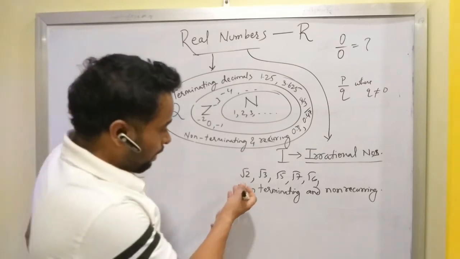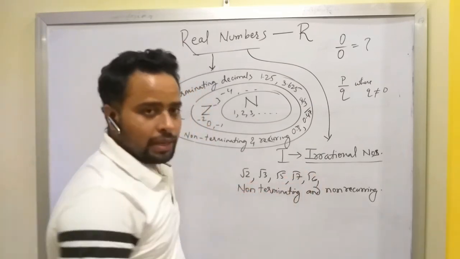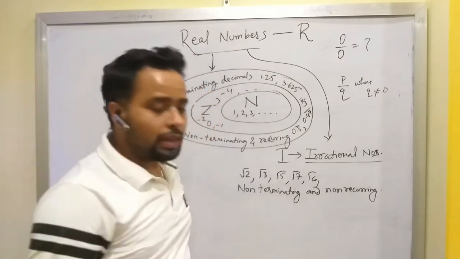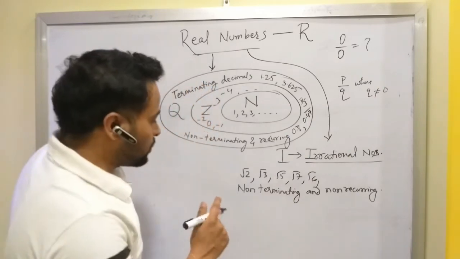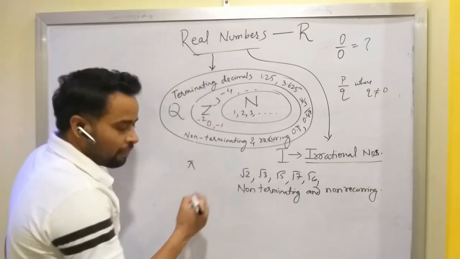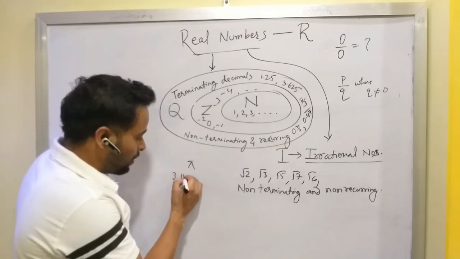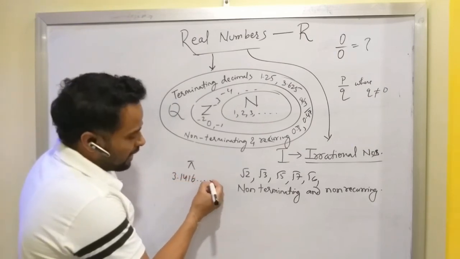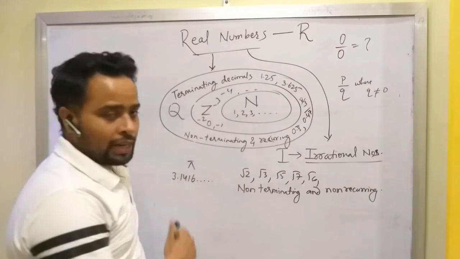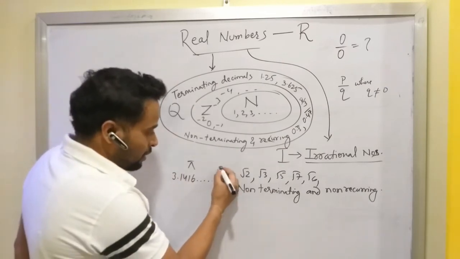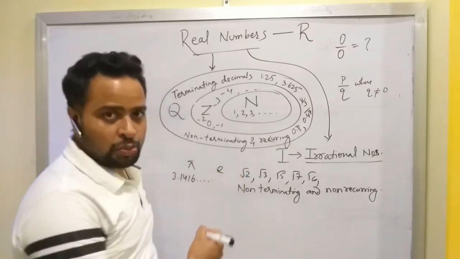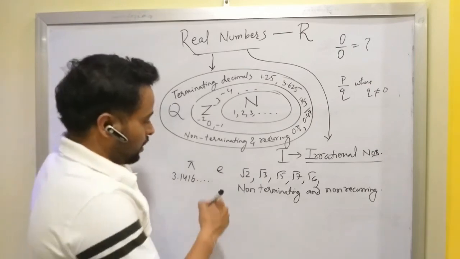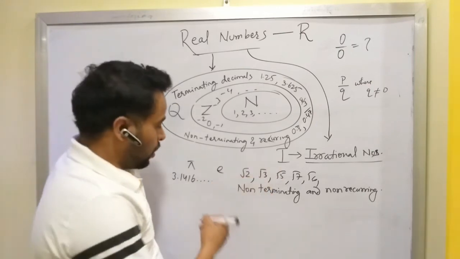So these are irrational numbers because they are non-terminating, non-recurring. If you want to see pi, the value of pi is 3.1416, and after that different numbers come, so that is also an irrational number. The value of e is exponential e, that is related with log base e.